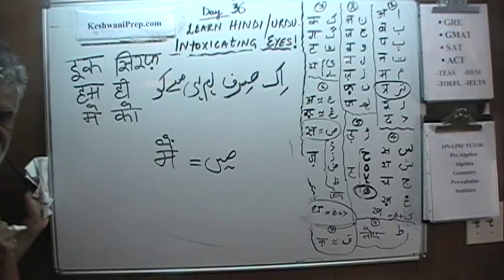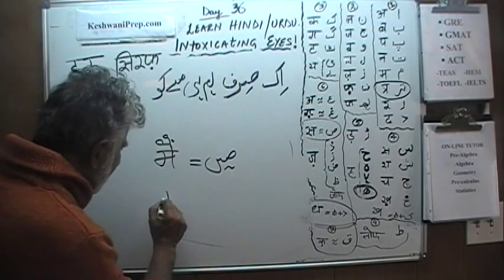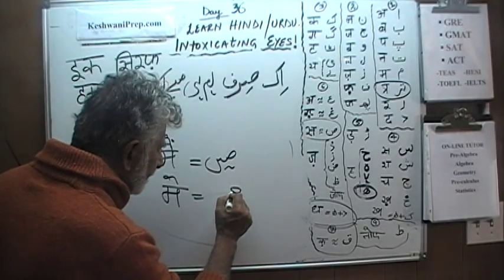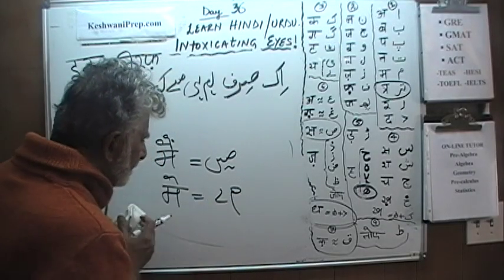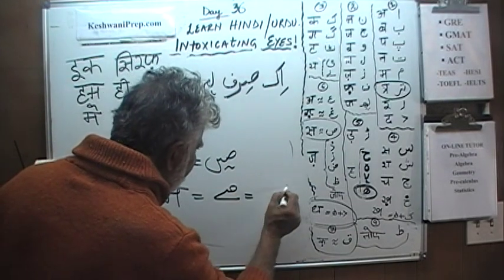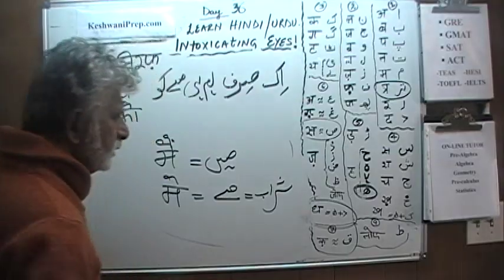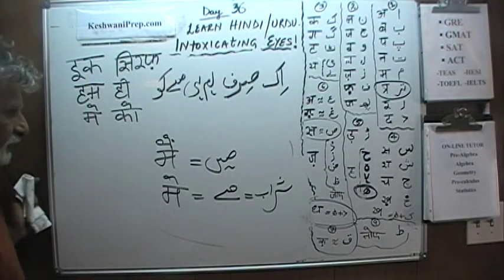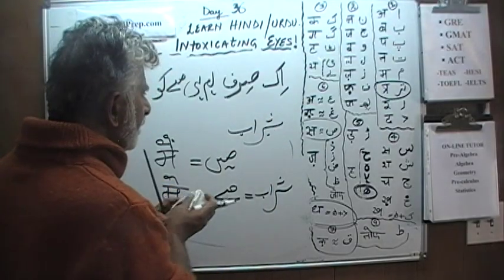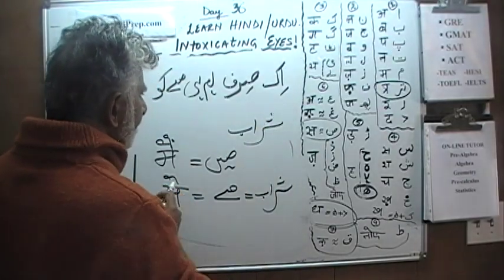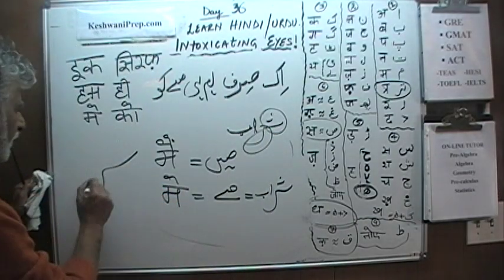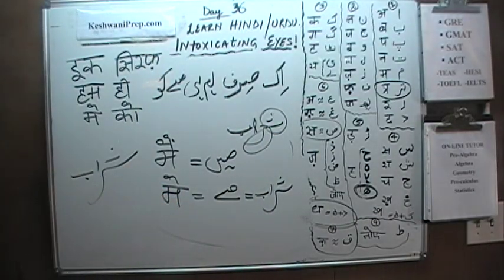That means me, myself. That's not what we're talking about. We're talking about me, meem and a badi, me, which means sharab. You see how sloppy the writing was? That's for sharab. Or rather, on the top. Sharab. This part is sha, this is ra, this is alif, this is ba. Sharab. Do you understand?